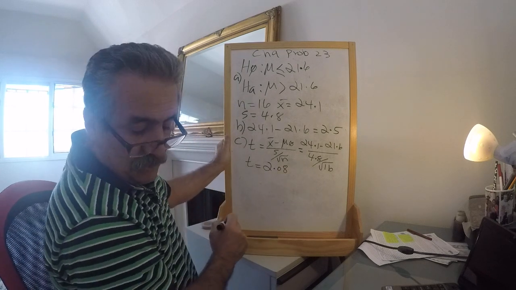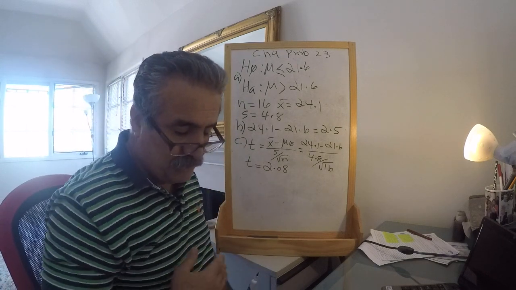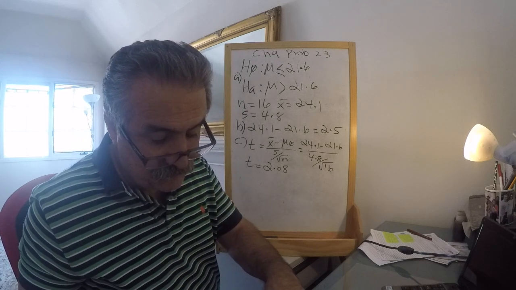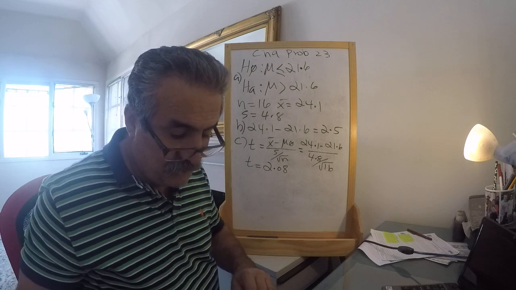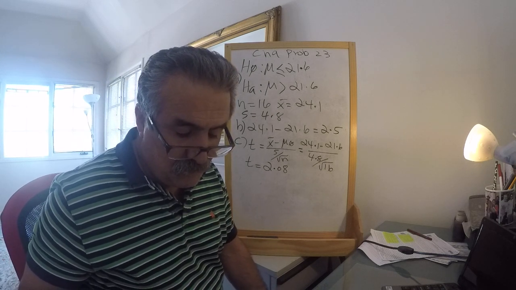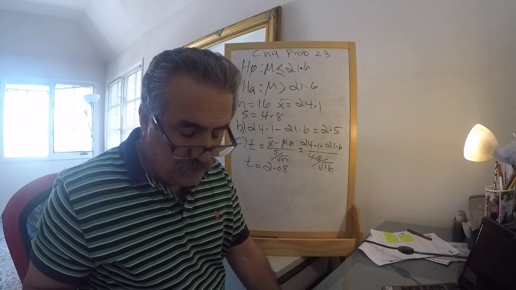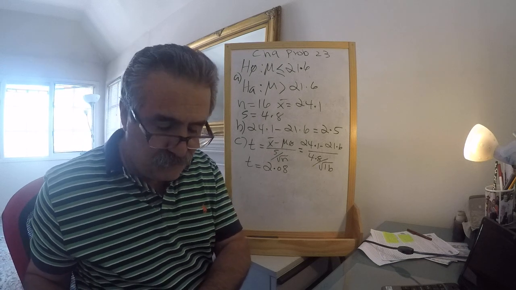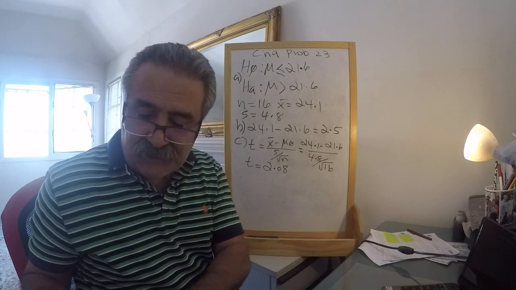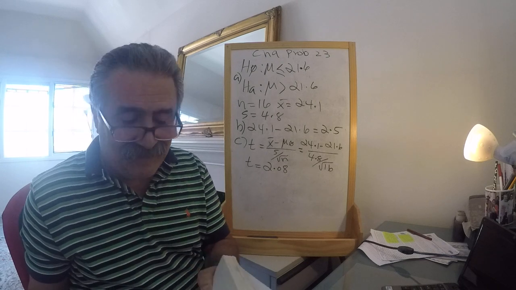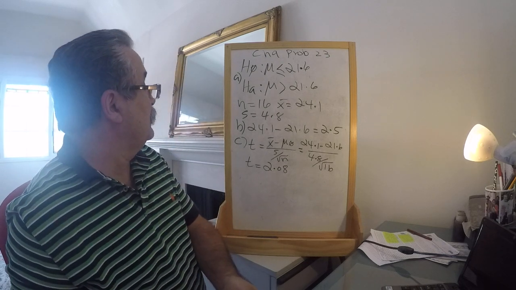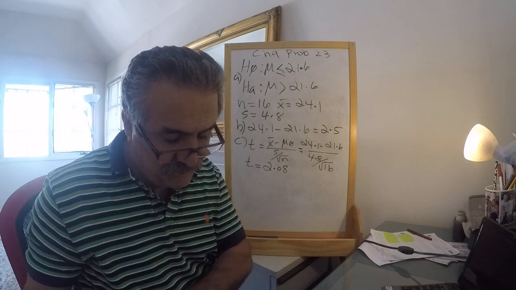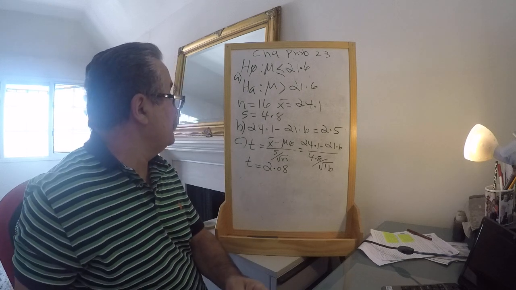So T that we calculated is 2.08. Now we can use the p-value approach, or we can use the critical value approach. If we use the critical value approach, we are going to have the T of the alpha. They say use alpha equal to 0.05.